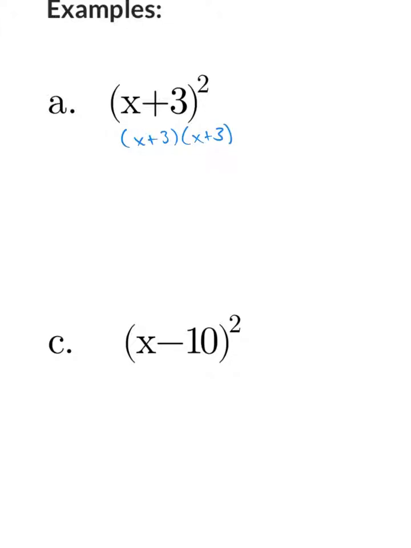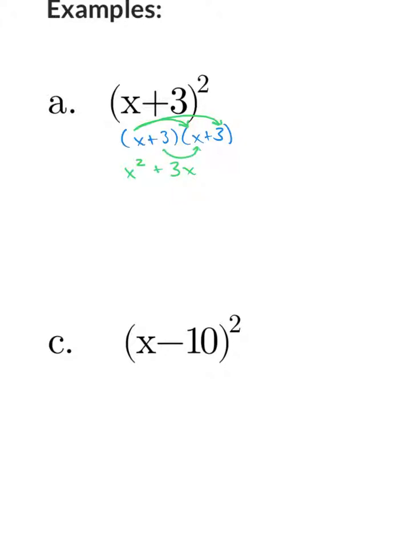From here we can go ahead and FOIL. Our first is x squared, x times x. Our outsides, x times 3 is 3x.